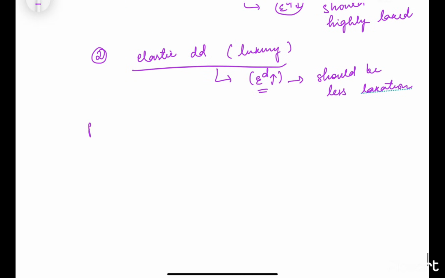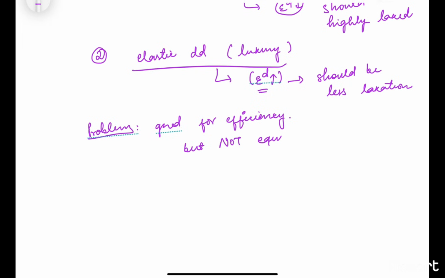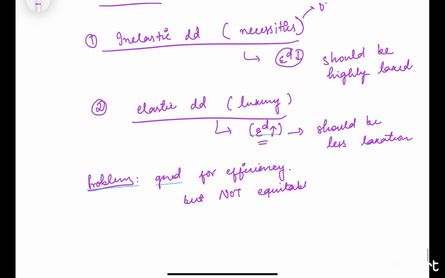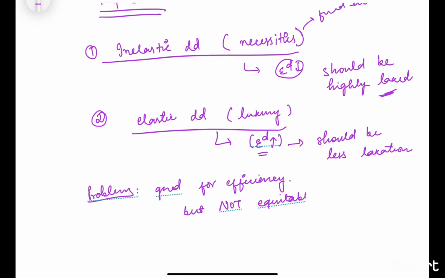But what is the problem we are facing in this? First, it is good for efficiency, but this rule is not equitable. And why is it not equitable? Because we can see that it is placing relatively higher taxes on necessities.